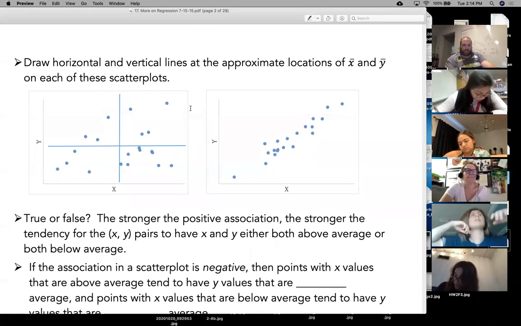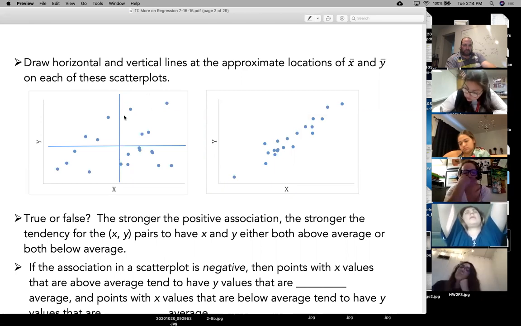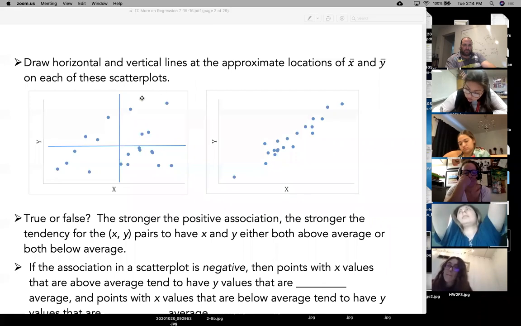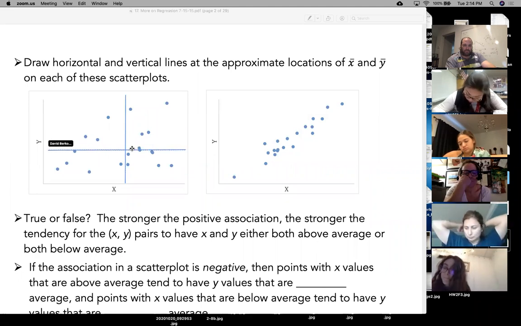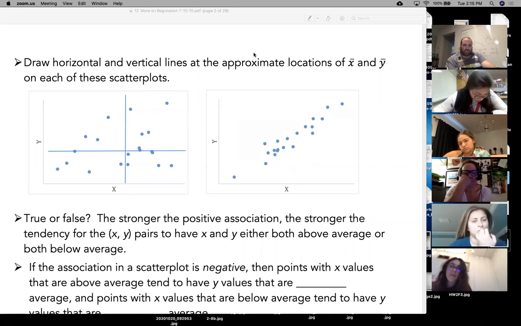Right. So in the second case, let's see if we can fix this maybe. I don't know if I like this spot here. How do I grab this? Maybe something like that. And then let's do this one here.